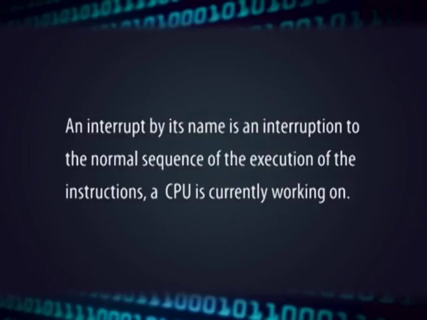An interrupt, by its name, is an interruption to the normal sequence of execution of the instructions a CPU is currently working on. The interruption to the normal working indicates that the CPU needs immediate attention to something more important.